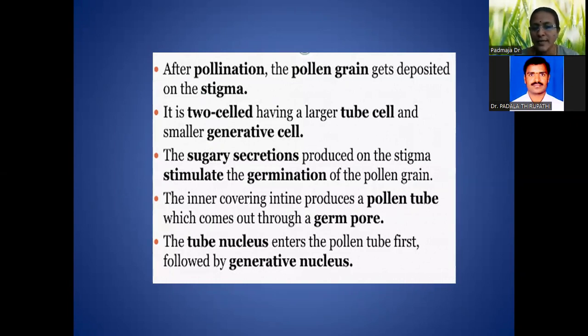The tube nucleus enters the pollen tube first, followed by the generative nucleus. The generative nucleus divides to give rise to the male gametes. That means the pollen tube has the tube nucleus, which is helpful for showing the direction for the male gametes.